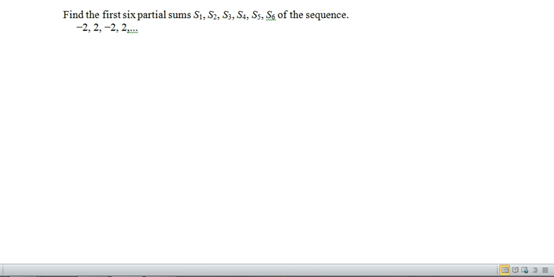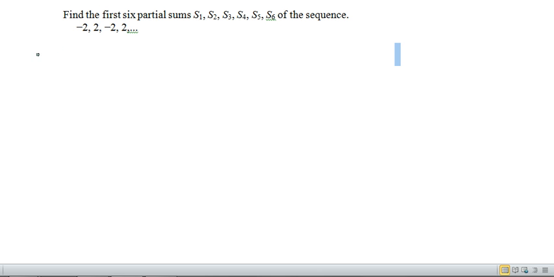Here we're going to find the first 6 partial sums of the sequence -2, 2, -2, 2, repeating.